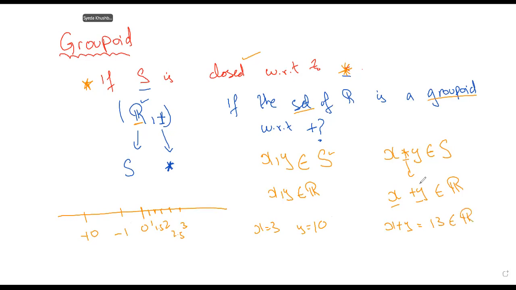Now I cannot check this for every number, but this is certain that if I pick up any two numbers randomly from the set of real numbers, their sum would also be in the set of real numbers. So why is it important? Because only then the set of real numbers would be a groupoid. Are we clear with groupoids? Any confusion? Anything that you have not understood?